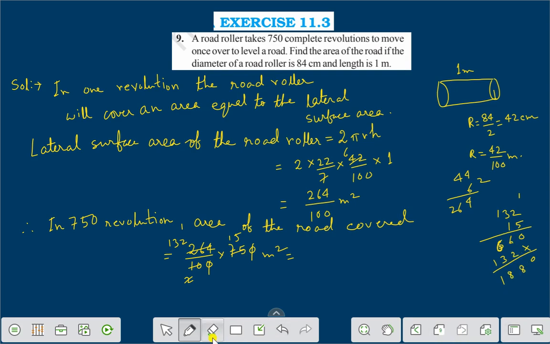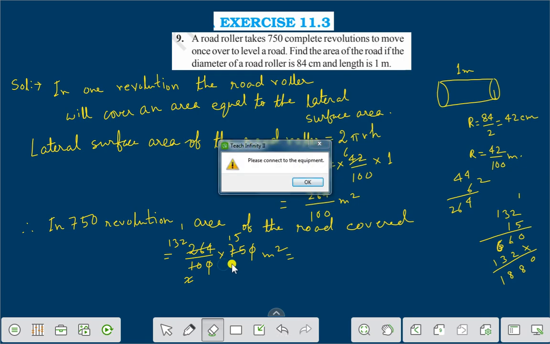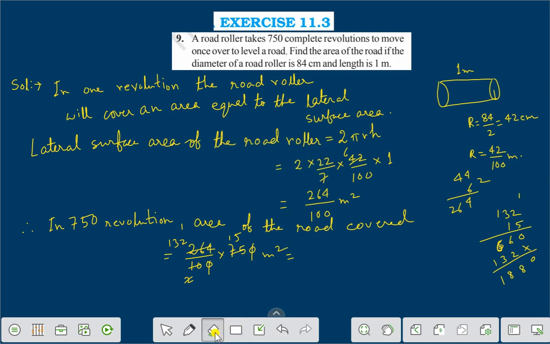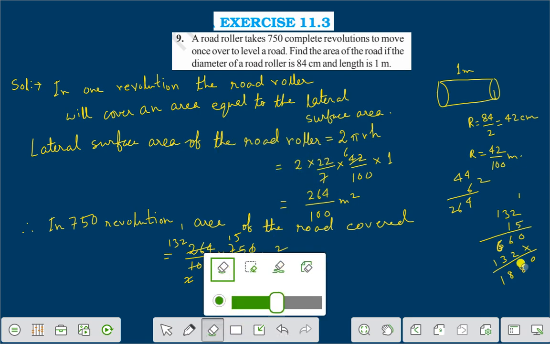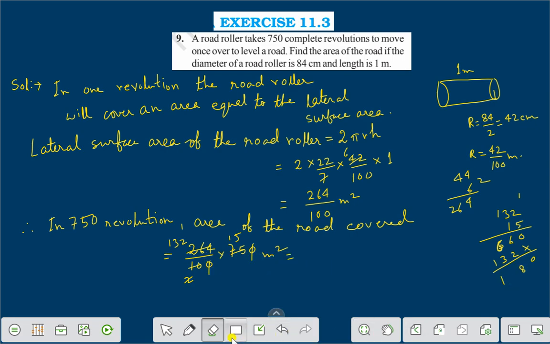So we are getting 1980 meter square. This is the area of the road covered, that is 1980 meter square, and that is the answer, right?